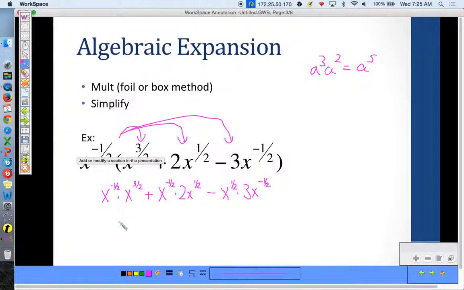So we add our exponents. So this becomes x to the 1st plus 2x to the 0, since negative 1/2 and 1/2 is 0, minus 3x to the negative 1, since negative 1/2 and negative 1/2 is negative 1. x to the 0 is 1, so this becomes x plus 2 minus 3 over x.